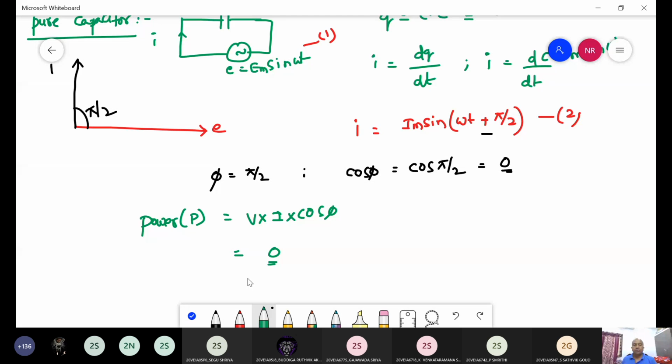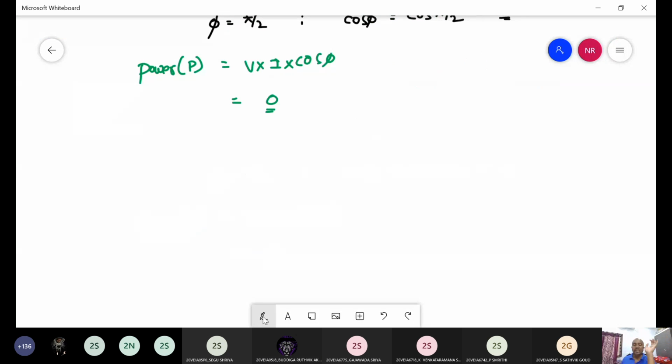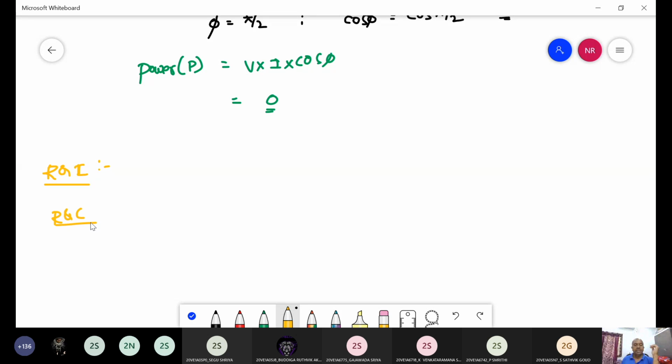After that, if you know the individual topics thoroughly, then we can understand the combinations: R and L, then R and C, then R L C.